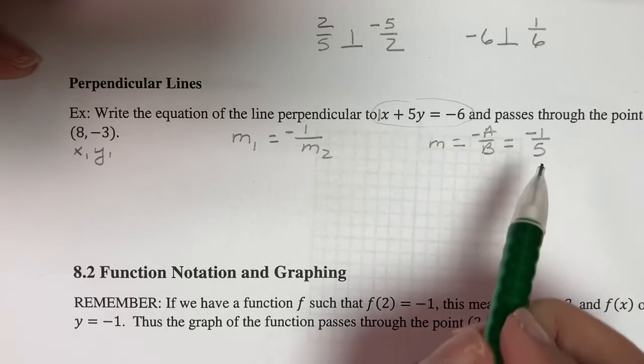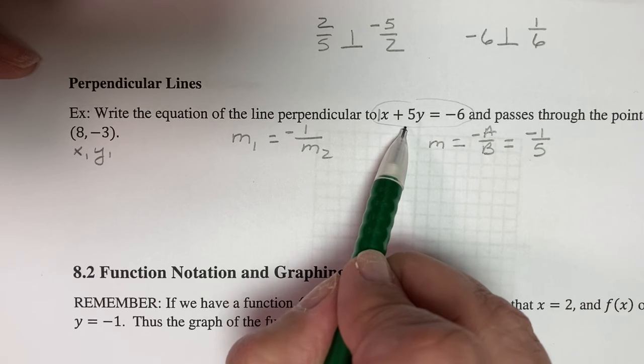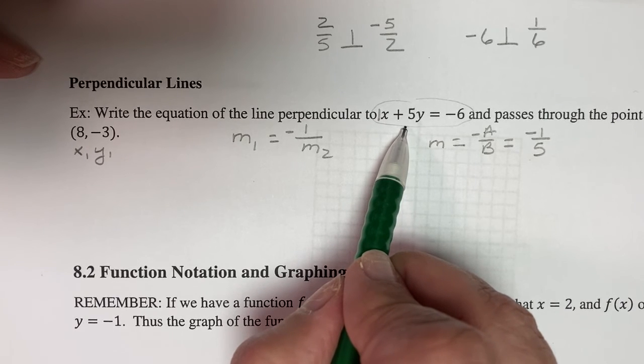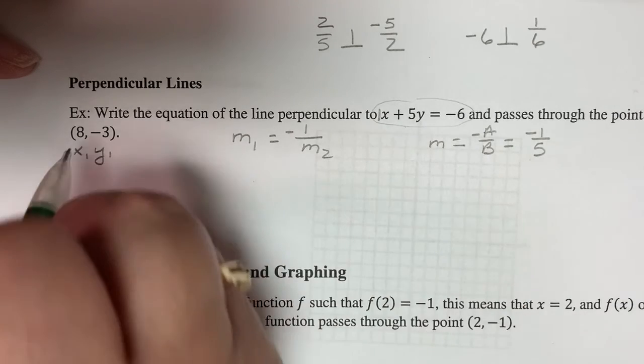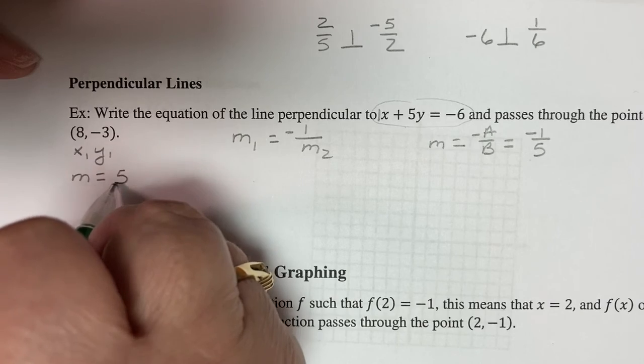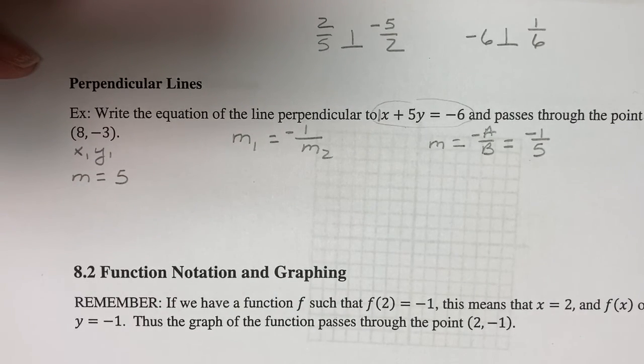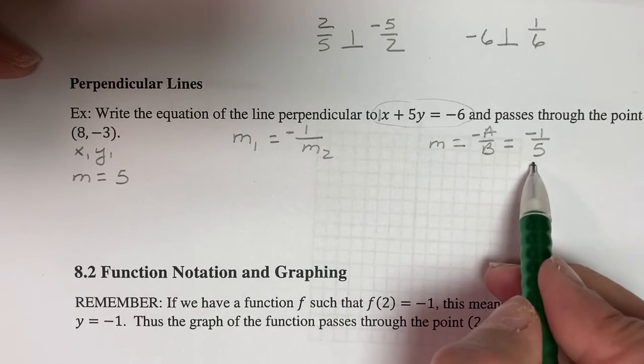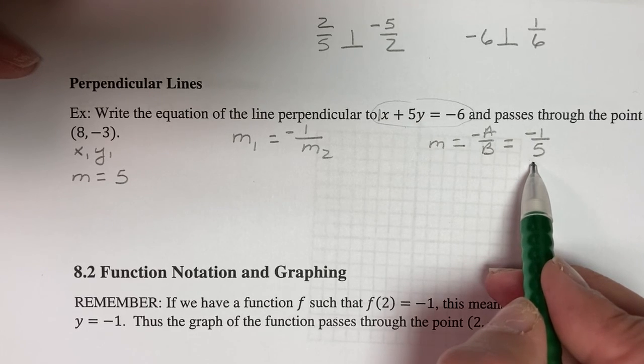Now, that is the slope of this line right here. We are trying to write the equation of a line that is perpendicular to that. So that means that the slope of my line would be positive 5. It's the opposite reciprocal of negative 1/5.